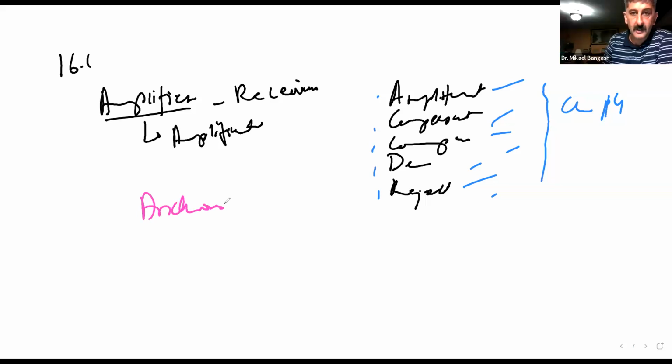Now the next question that they ask is: why is it necessary for a receiver to perform compression of the electrical signal as it processes?